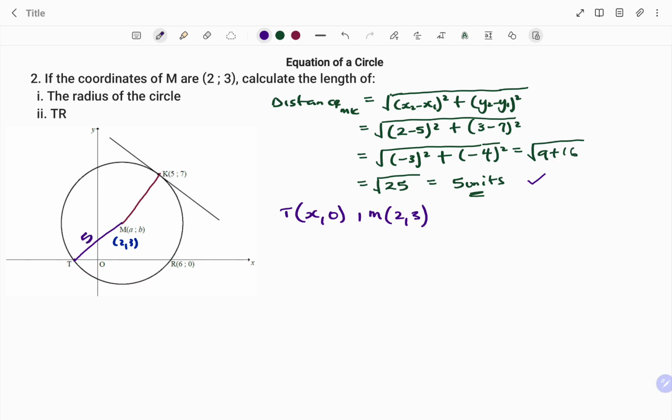So therefore, using the equation of the circle formula, we have r squared, which is the distance, so I'm going to change that to 5 squared. So I have the radius squared equals 2 minus x all squared, plus then I have 3 minus y, that's 0, that's the second point, all squared.